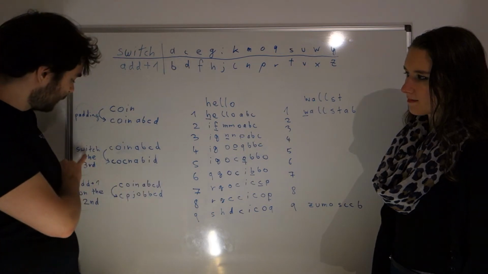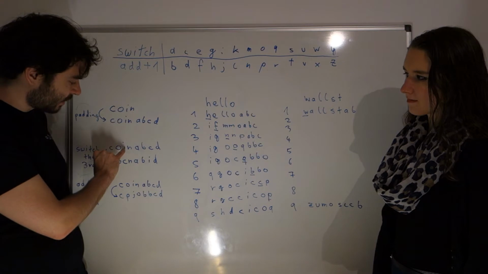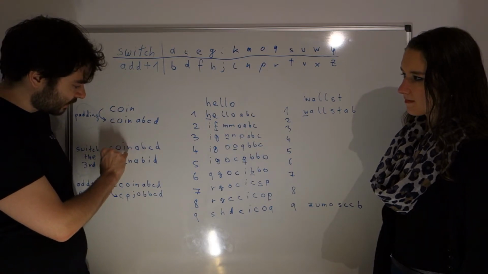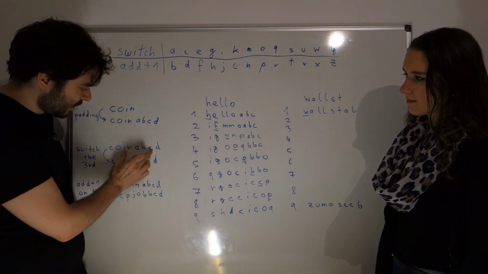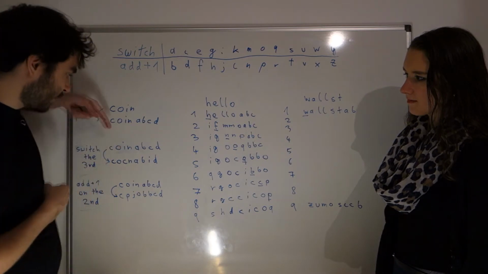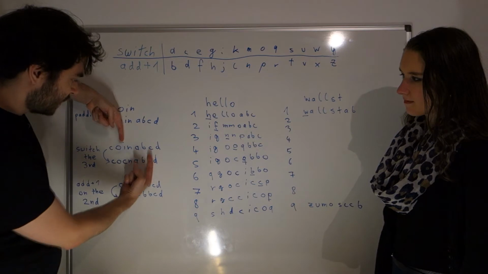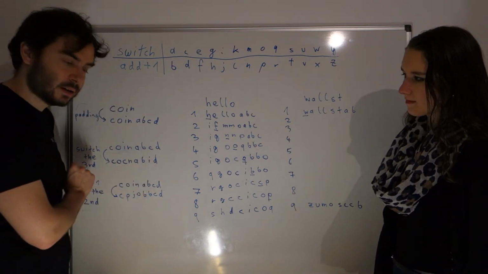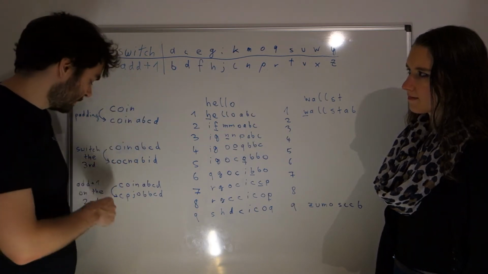So for example, if we are going to switch the third character, the third character would be an I, the operation would be to take the character that is 4 characters ahead, so there would be the C here, and just switch them around, right? And so if you take the third one and switch it with the character that is 4 ahead, we get another word. You're going to see how this looks in the example when we go through it.